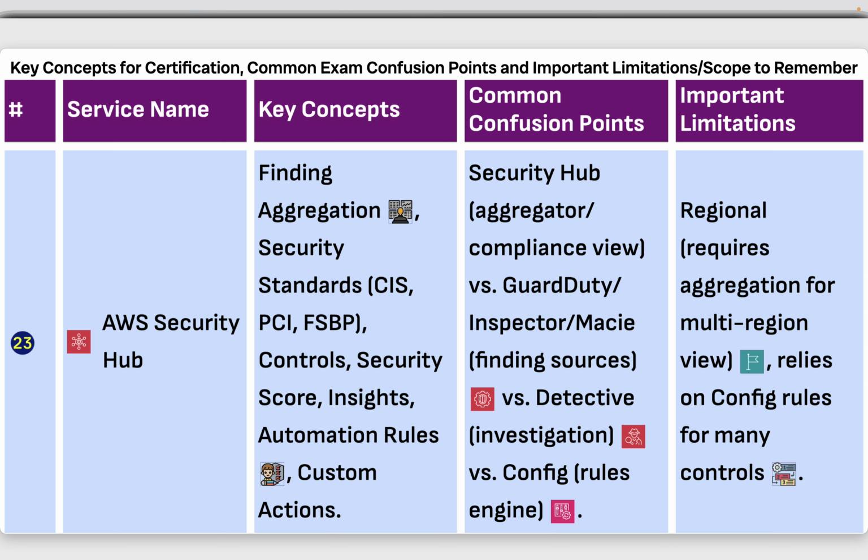Confusion can be Security Hub, which is an aggregator and compliance view, versus GuardDuty, Inspector and Macie, which are finding sources, versus Detective, which is for investigation, versus Config, which is a rules engine. Limitation: it's a regional service and requires aggregation for a multi-region view. It relies on Config rules for many controls.